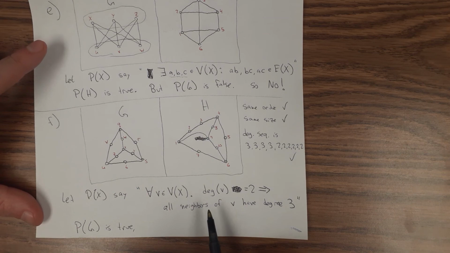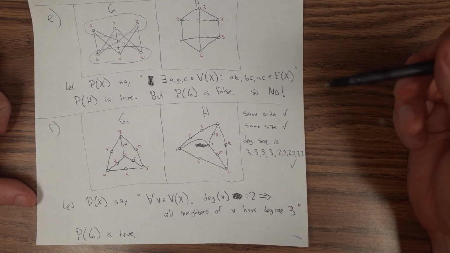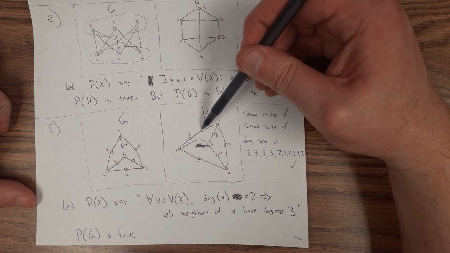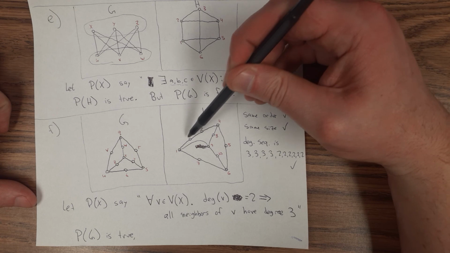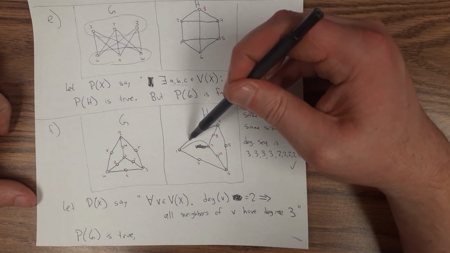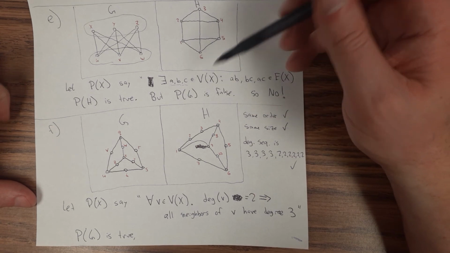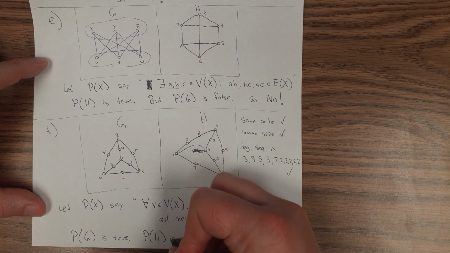And the reason why I'm picking on this property is that H does not have that property. In H, here's two vertices that have degree 2, and they are neighbors of each other. So here's a neighbor of a degree 2 vertex that doesn't have degree 3. So P of H is false.